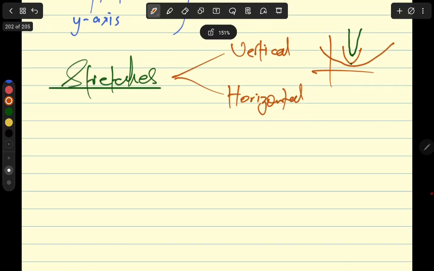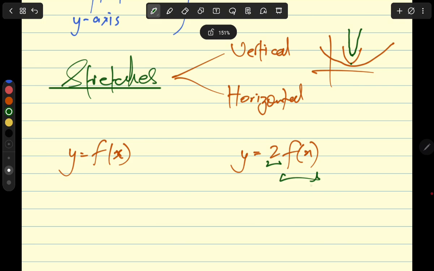Now, in vertical stretches, let's say you had an original function y equals 2x, y equals f of x, and you have to transform it into y equals twice f of x. Now you can see that these output values are getting multiplied by 2. So 0, 1 is going to become 0, 2, and 1, 3 is going to become 1, 6.